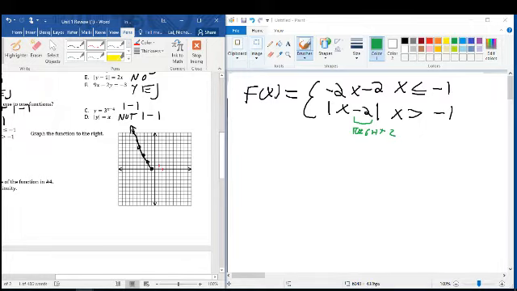We'll have a point there, and then a point here, and remember, because it's greater than negative 1, but not greater than or equal to negative 1, at negative 1 we have that hollow hole like that, and keep on graphing the absolute value parent function.